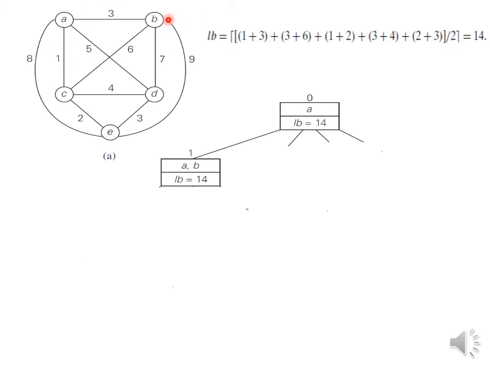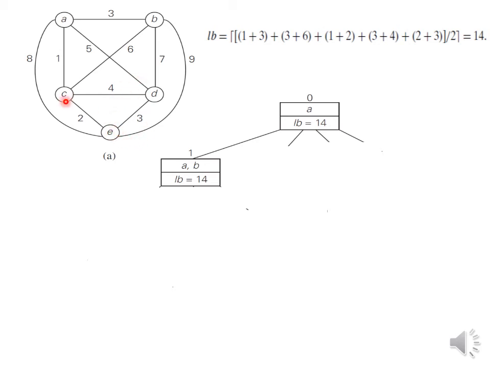Then while considering B, there is an edge from A. So mandatorily you have to consider this edge. So 3 plus minimum among the others, 6, 7, 9. Minimum is 6. So 3 plus 6. For C and D and E, the computation goes as discussed earlier.